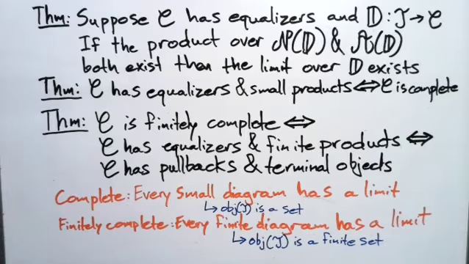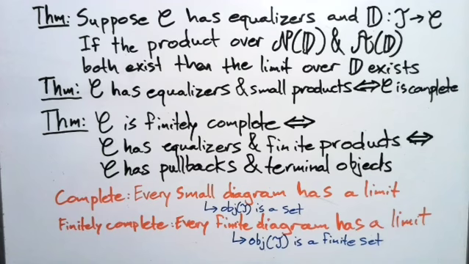And what is a small diagram? It's one where the index category here, the set of objects in that index category, form a proper set. They're not a proper class. They form a set. And a finitely complete category is one where every finite diagram has a limit.